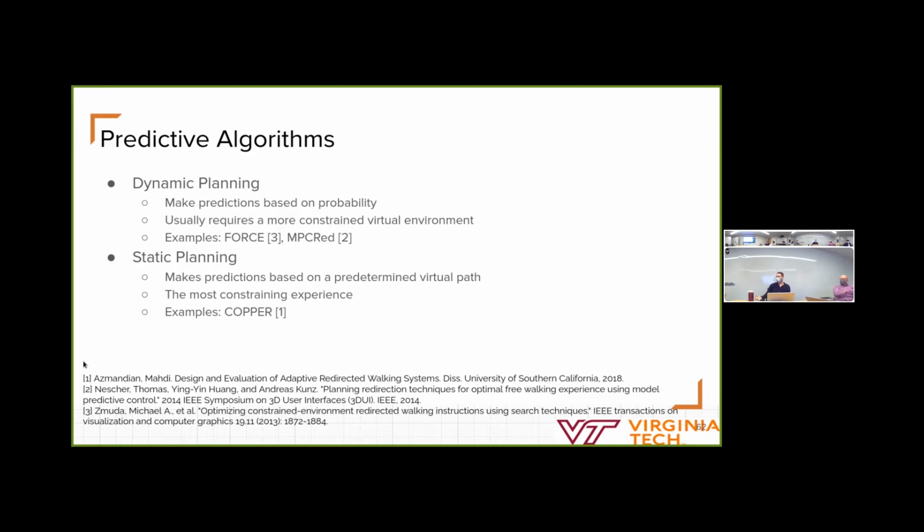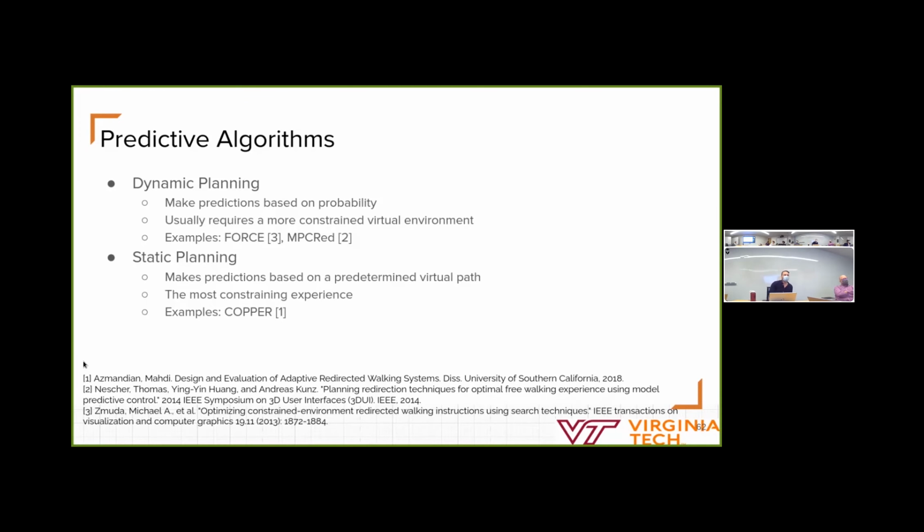Based on those options, they can come up with a probability model, make predictions from there, and apply the redirected walking techniques. Further down the spectrum is static planning, where we make predictions based on a predetermined virtual path. This is the most constraining experience, but we can achieve the best results from it.